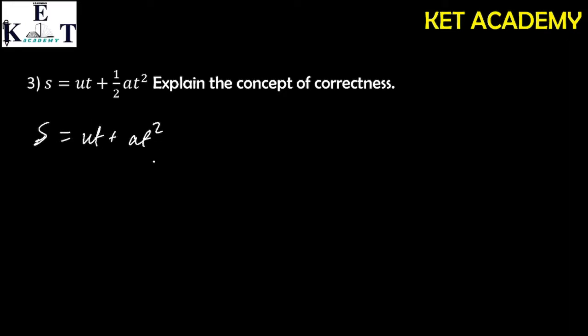Now this equation is going to be homogeneous, but it's going to be physically wrong because it does not contain the correct unitless constant, which is a half. So basically that's what was required of us from this question.